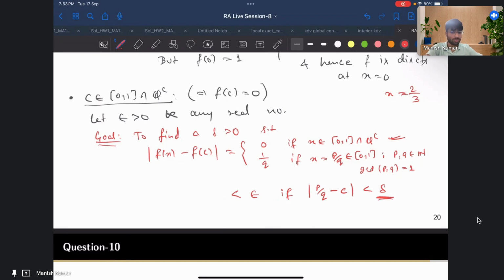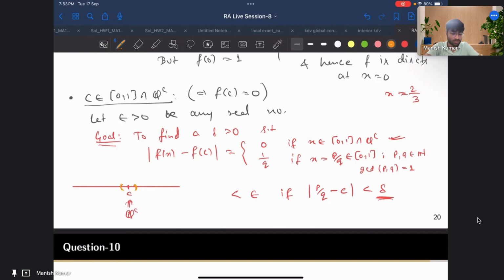So I am again repeating what we have to do. We have chosen some irrational point c, belonging to Q complement. Now I have to determine one neighborhood. In this neighborhood there will be rational numbers also and irrational numbers also. When x is irrational, there is no problem, it is 0.